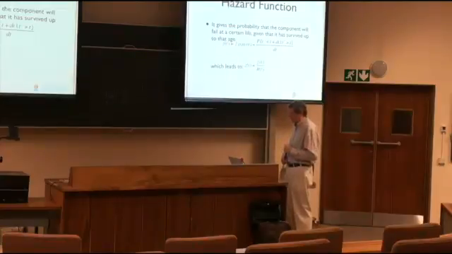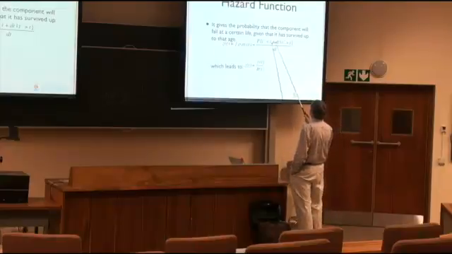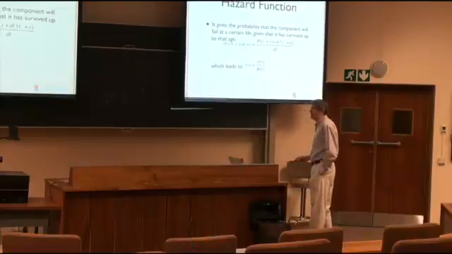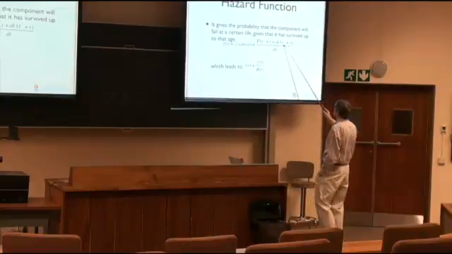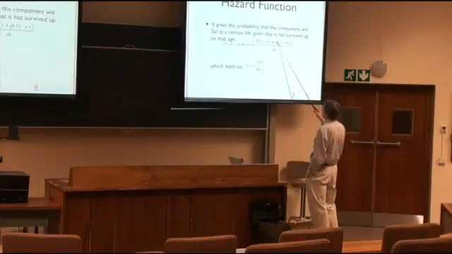So we say it is the probability that the failure time T star will be smaller than T plus dt, given that the failure time is larger than T. In other words, it has survived up to T. It's still living at T, but it fails before T plus dt.